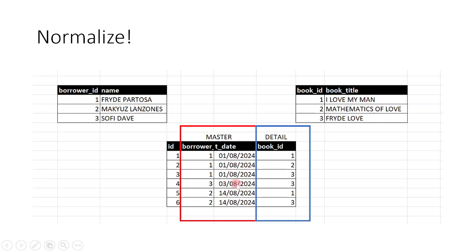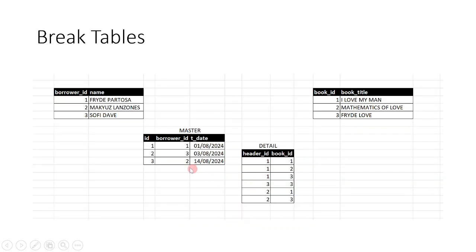So number 3 has only one book. He borrowed only one book. And number 3 is on ID number 2. So therefore, this should be ID number 2. Take note, this should be ID number 2.